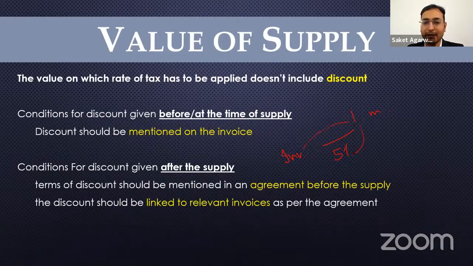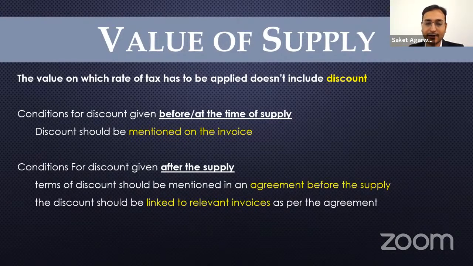This entire agreement, invoice, payment linkage has to be done. Meaning we have to prove that this was the agreement, this is the invoice mentioned in the agreement, these are the conditions as per the agreement, all of them have been fulfilled, and that is how discount is being offered. And it is not a case of bad debt.